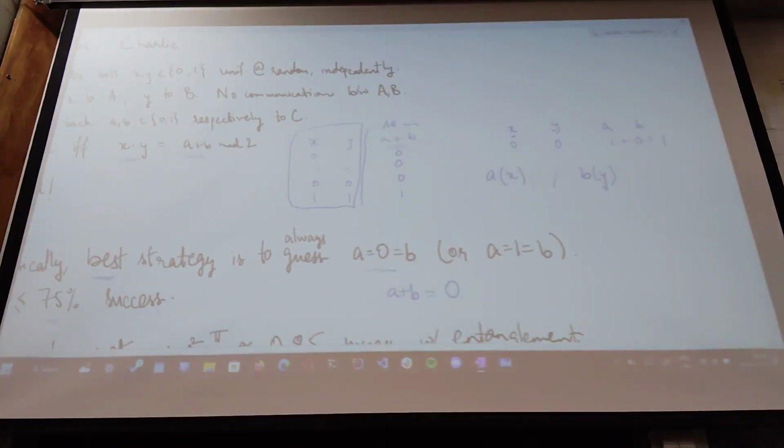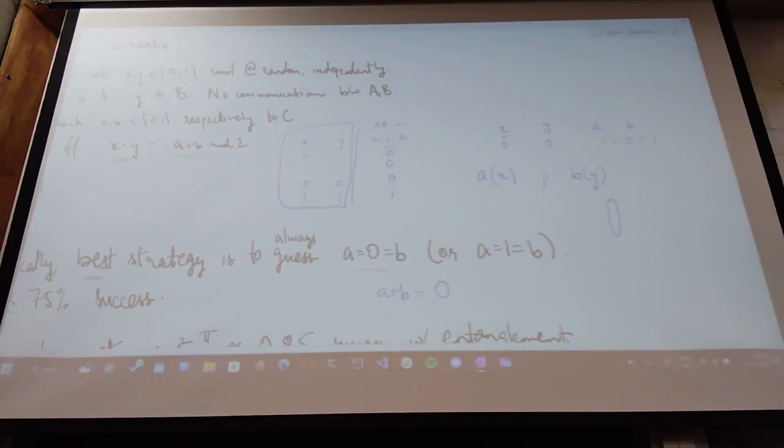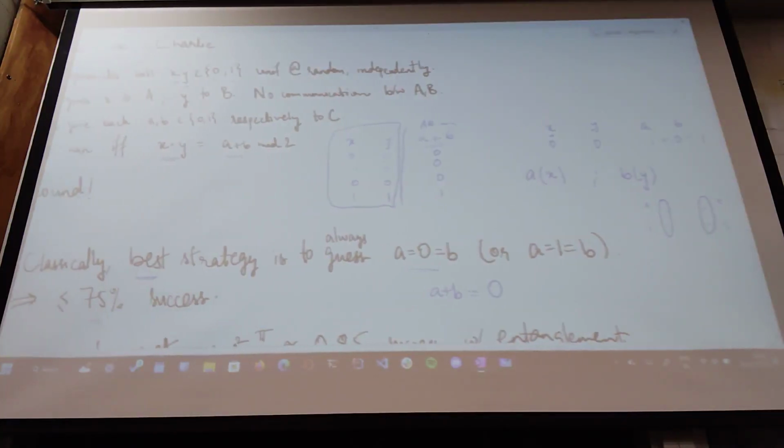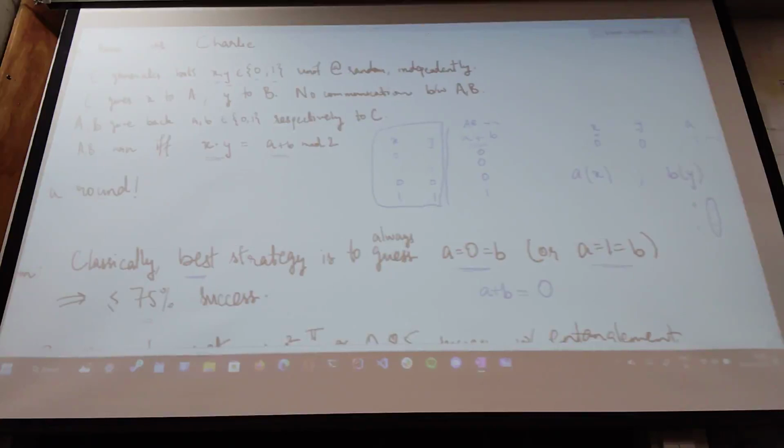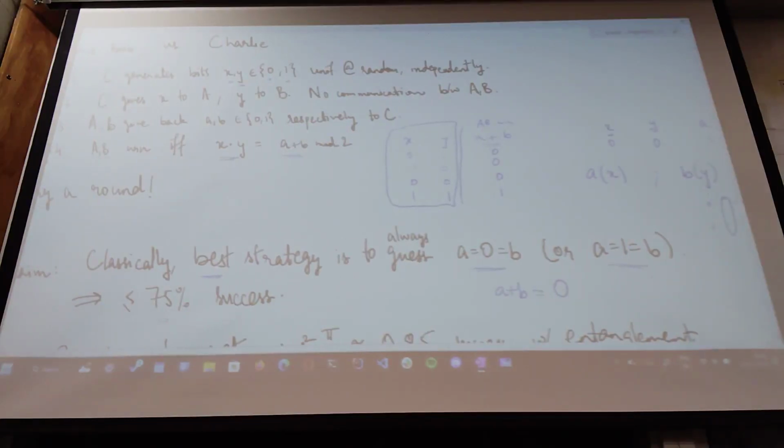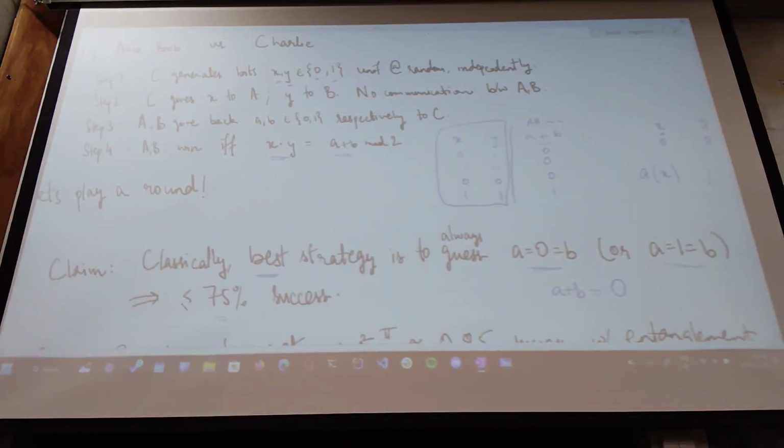So you can have only 4 such functions between 0 and 1 and 0 and 1. And if you just work your way through brute force, you can see that these two are the best strategies. So classically, there's no way of improving on a 3/4 success probability.